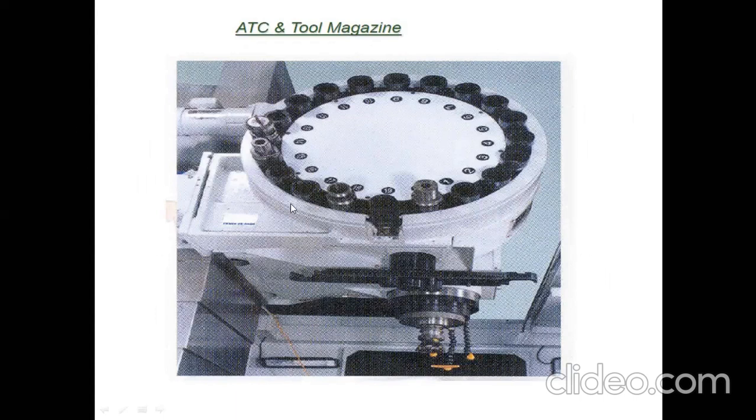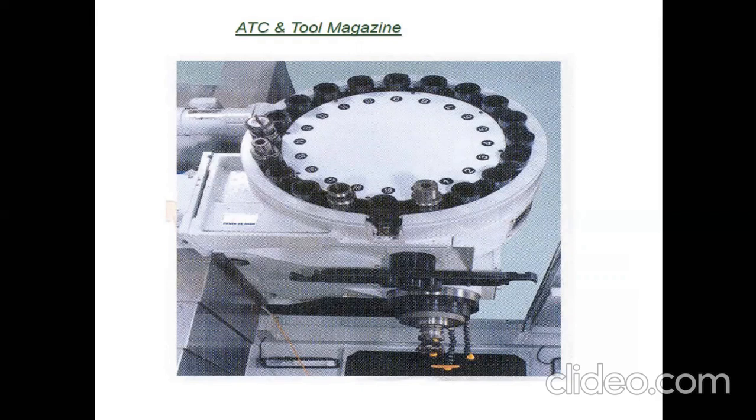Now this circular white portion represents your ATC, automatic tool changer, and these black color slots represent your magazine. Clamping of a tool is done over here, and numbers are also provided here: 1, 2, 3, 4, 5, 6, up to 20. Means you can clamp 20 different tools over the magazine: turning tool, drilling tool, boring tool.